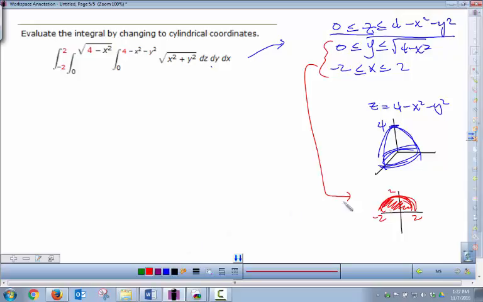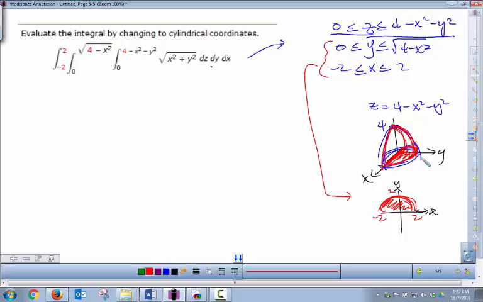And now, if we take a look at how this is cut in half, it's the top half of the circle, so that's on the positive y-axis. So it looks like this.